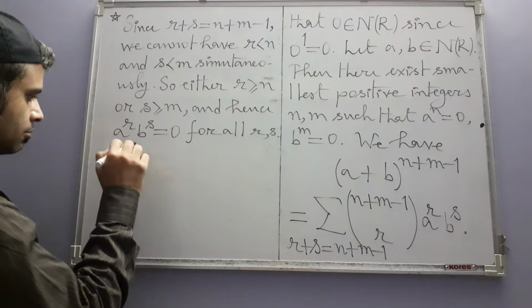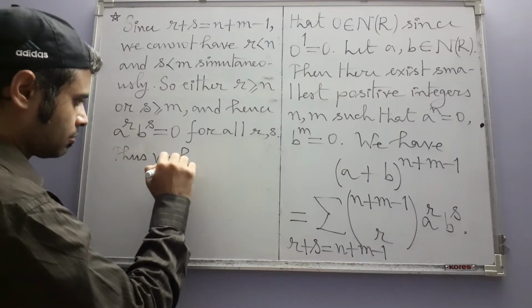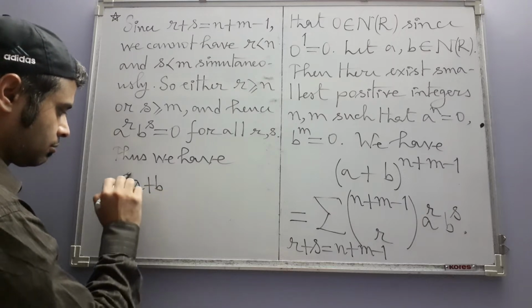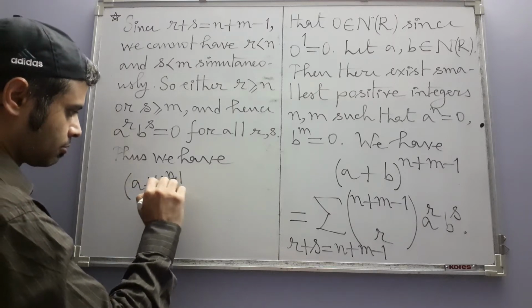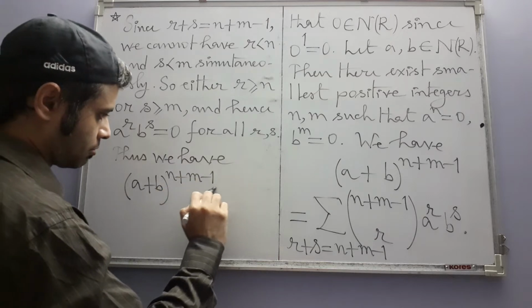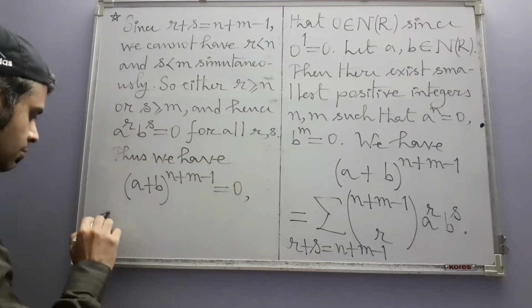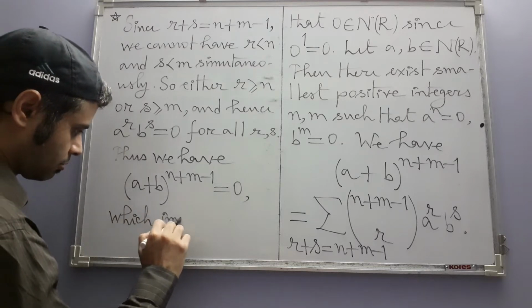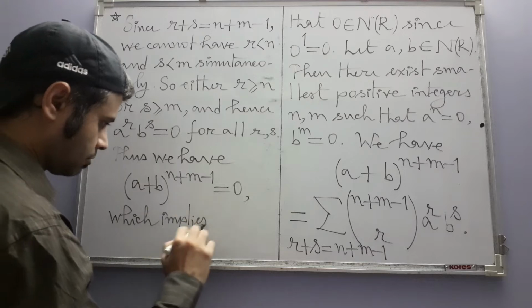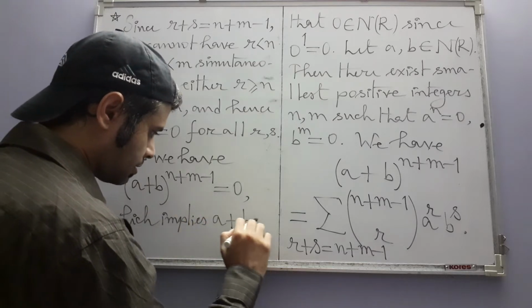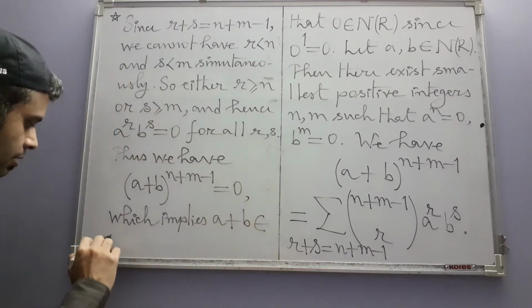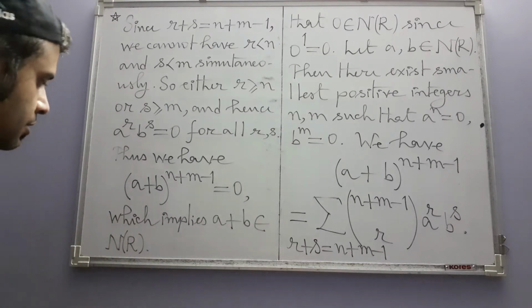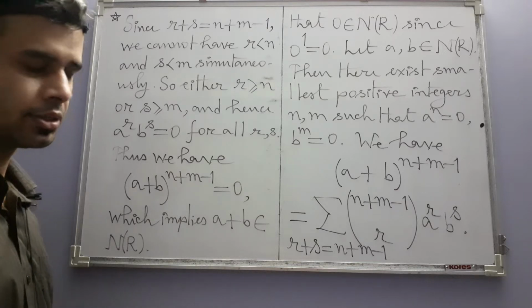Thus, we have this, which implies that a plus b is in the set of nilpotent elements, which is thus closed under addition.